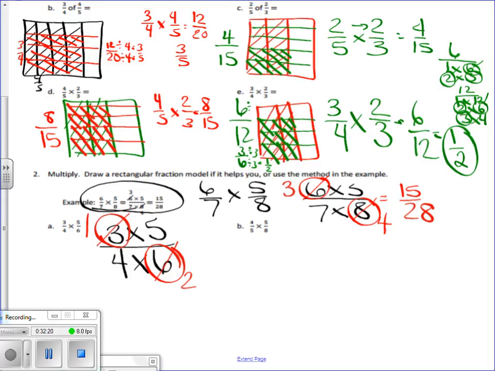The top and the bottom can both be simplified by 3 before you multiply anything. So 1 times 5 is 5, 4 times 2 is 8. That way you're not stuck with 15 over 24, which is not wrong, but you're stuck having to simplify it later by 3.